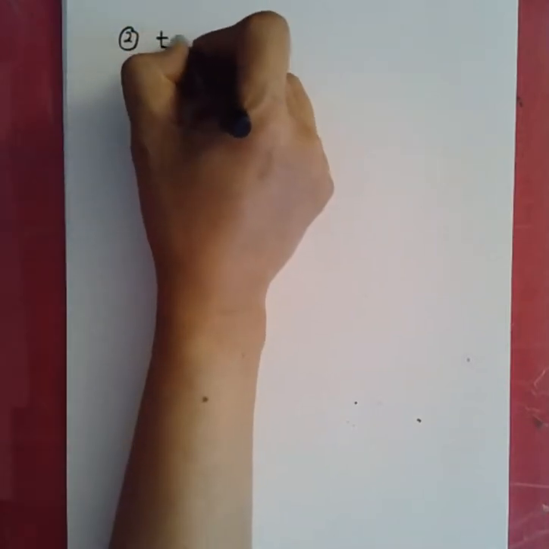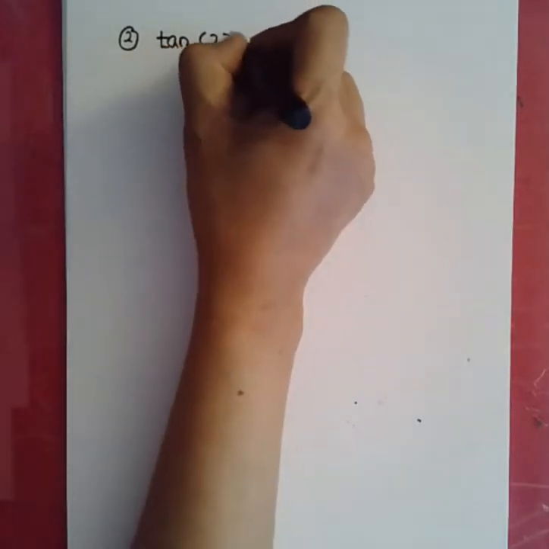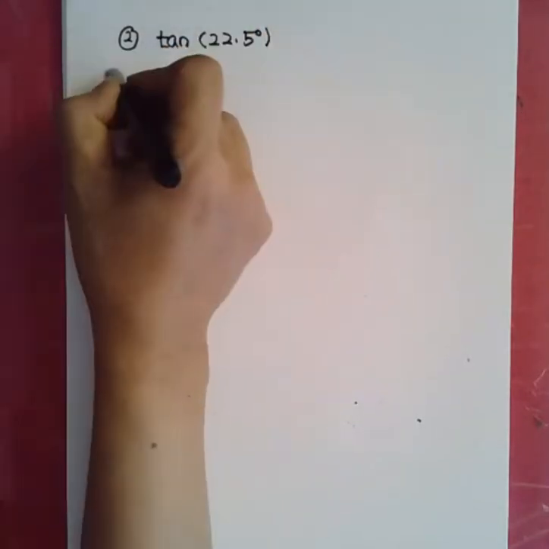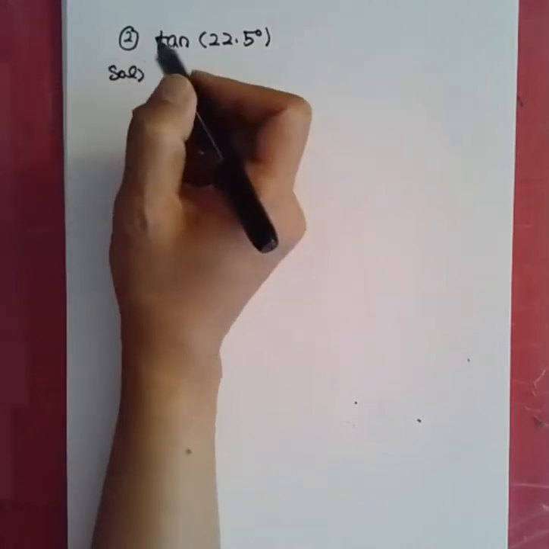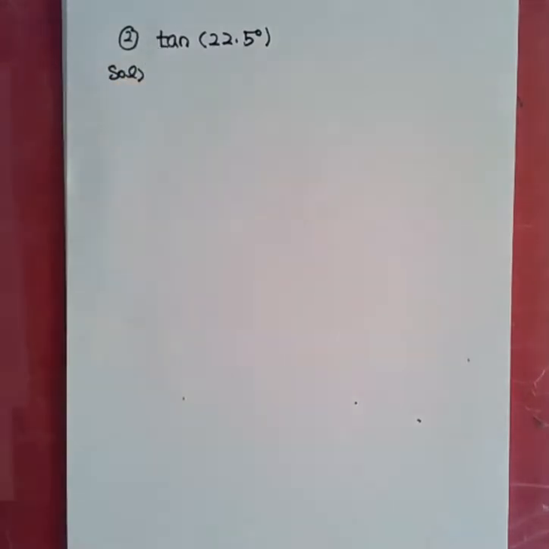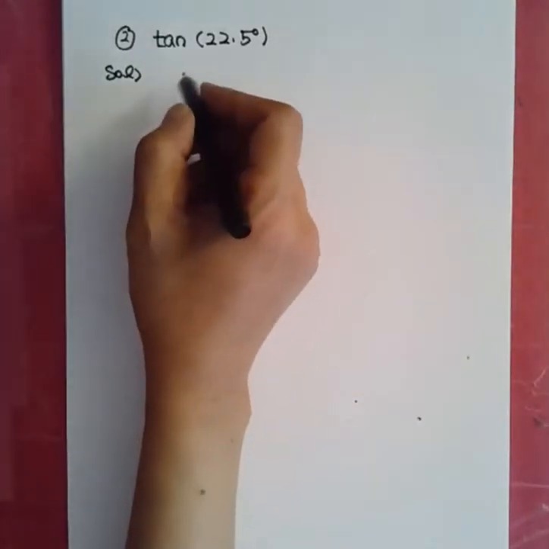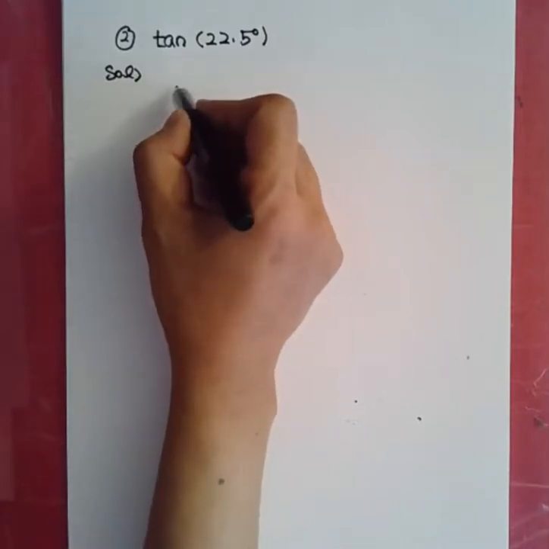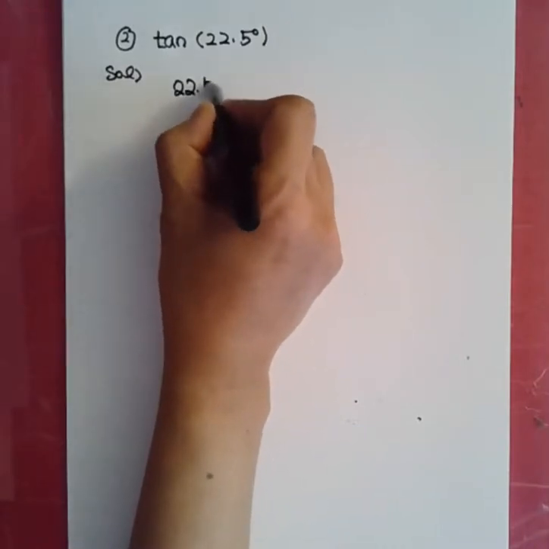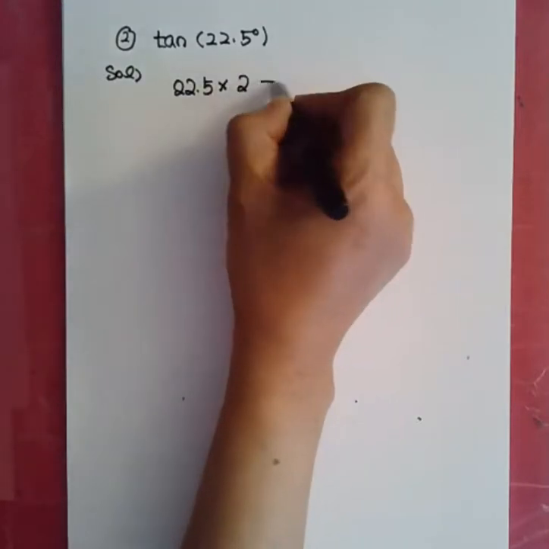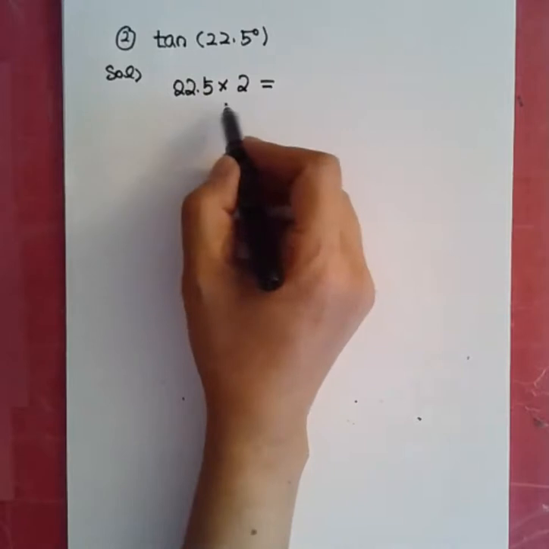The second question is tangent of 22.5 degrees. If you look at the problem, the first thing you can observe is that 22.5 degrees is smaller than any other well-known angle. So what you can do for this type of problem is multiply by 2 and see whether that gives you a well-known angle.